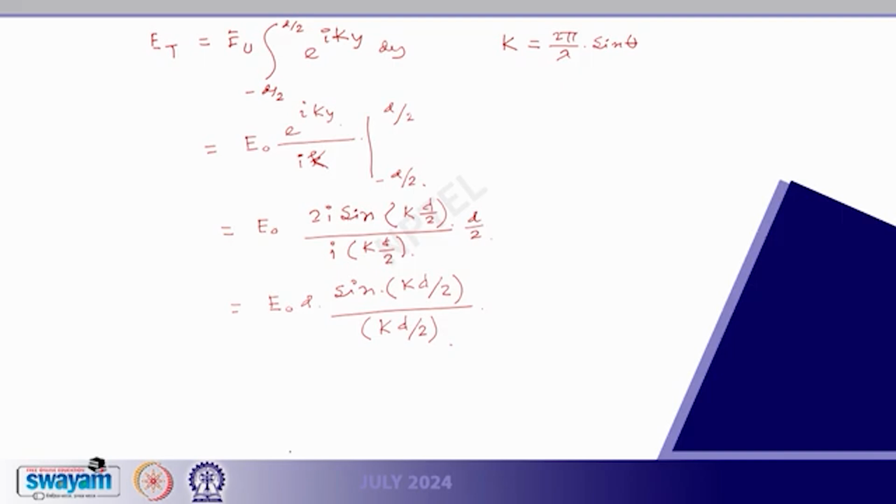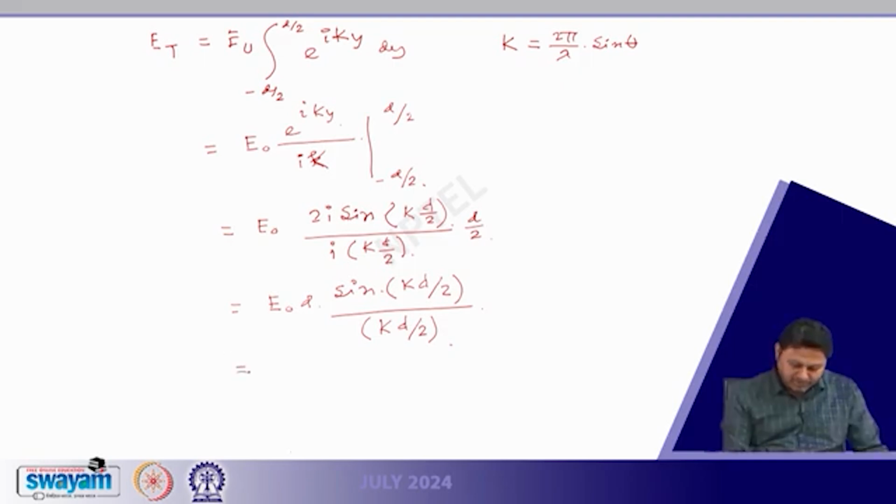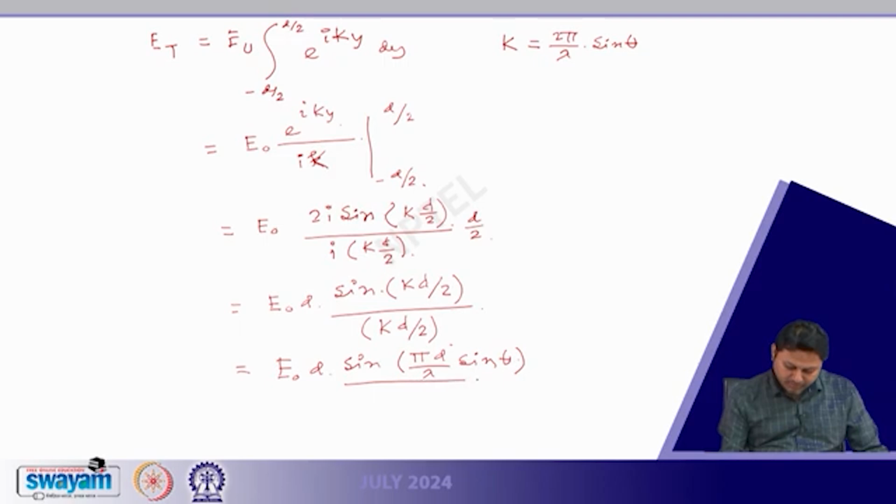So, this is E naught d sine of pi d divided by lambda, because I am now putting the value of the k, it is pi d divided by lambda, and then we have sin theta, whole divided by pi d divided by lambda sin theta.